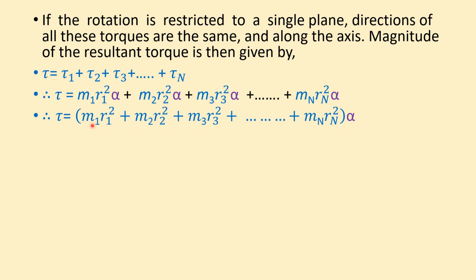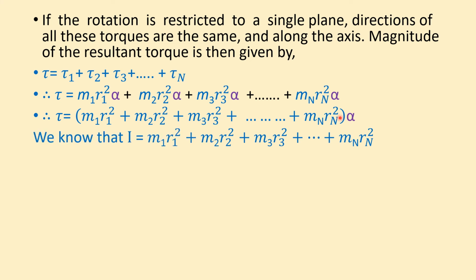Now we know that this summation is nothing but the inertia of the body, and by definition the moment of inertia of a rigid body is equal to the summation of mi ri square, where i goes from 1 to n.